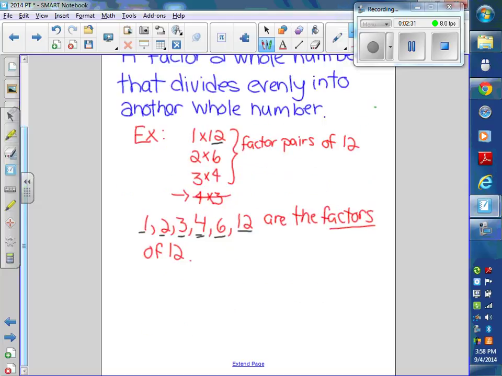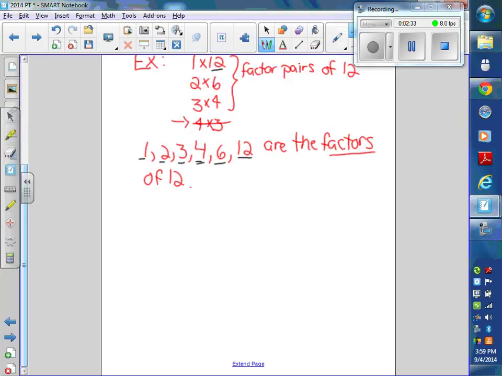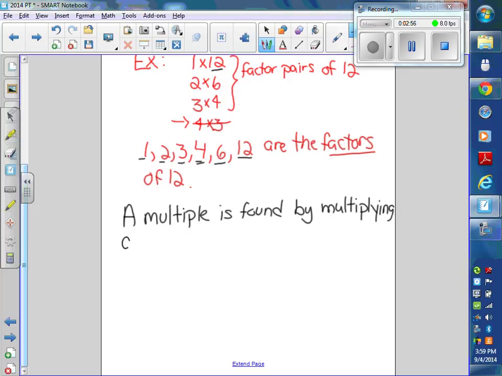If I did multiples of 12, a multiple is found by multiplying a whole number by all the counting numbers.